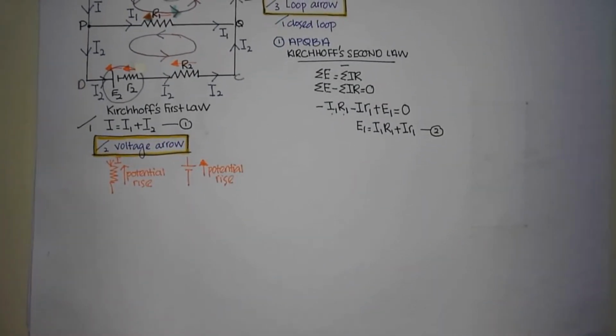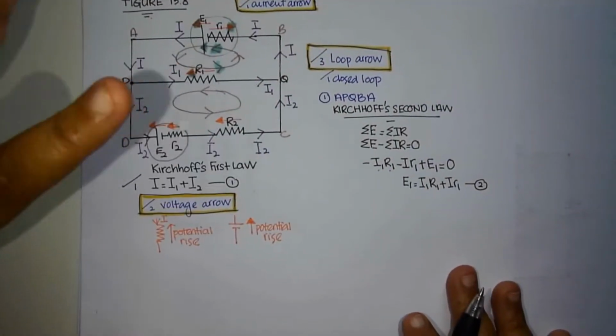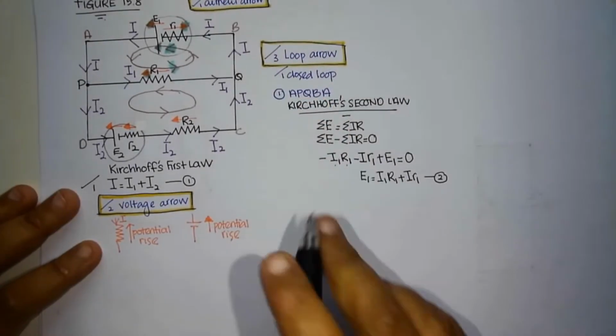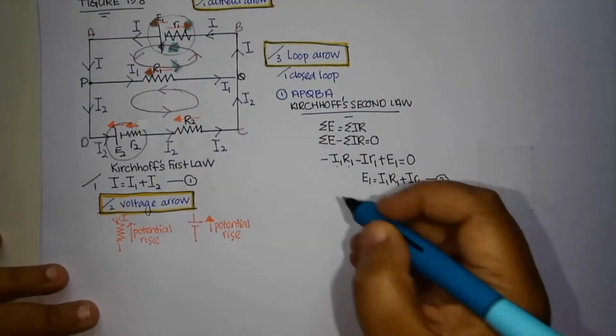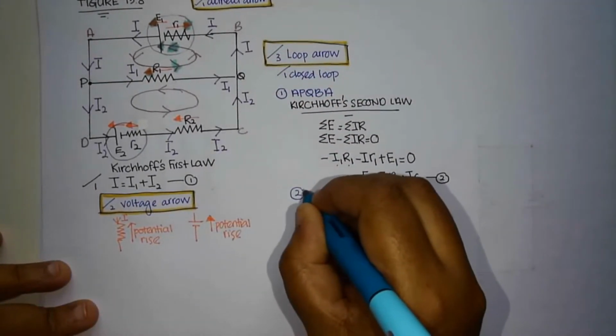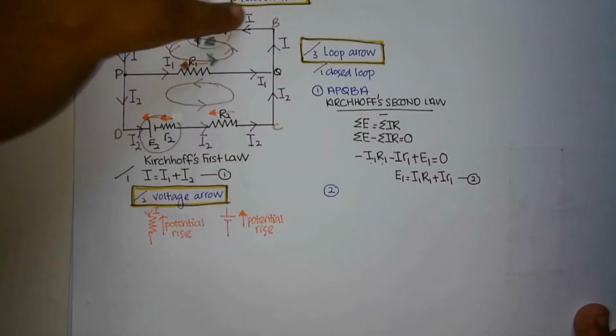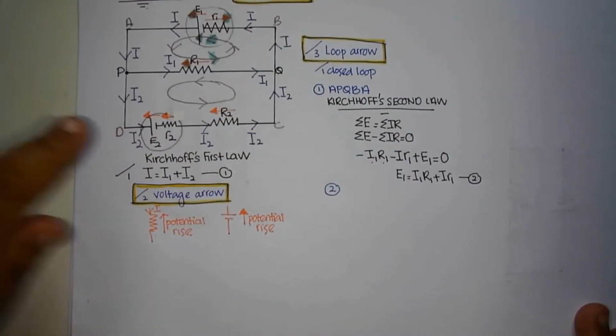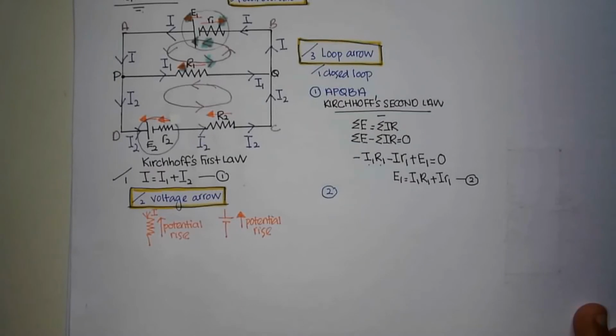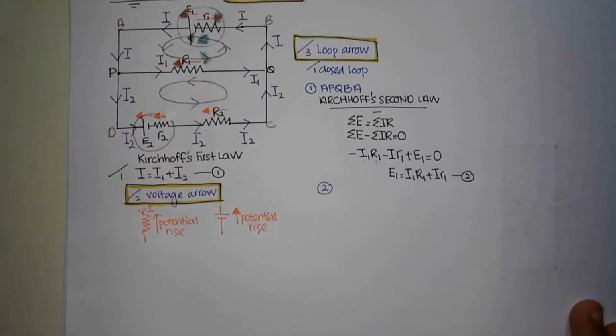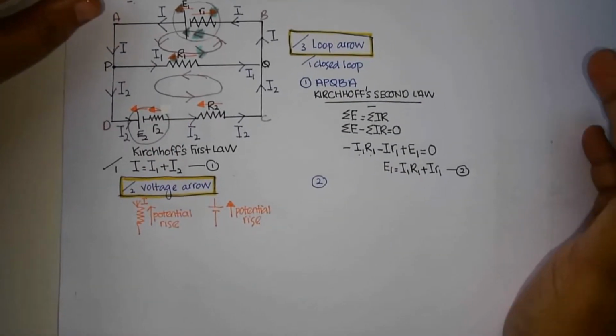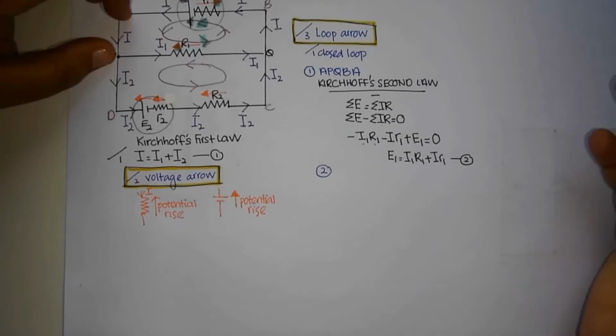Okay, alright, that's not enough. We have to apply another. We have to choose at least 2 loops. We already took one. Now we're going to look at number 2. I can take this whole thing or I can take this, but I'm going with the book, because the book already drew the direction of the loop, so I'm just going to follow.